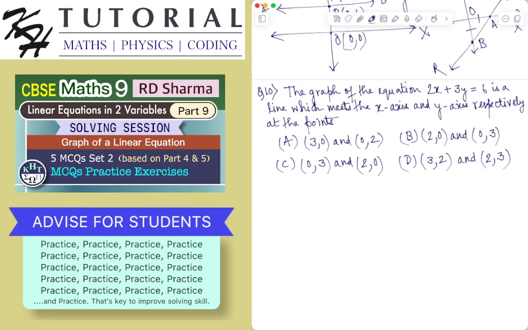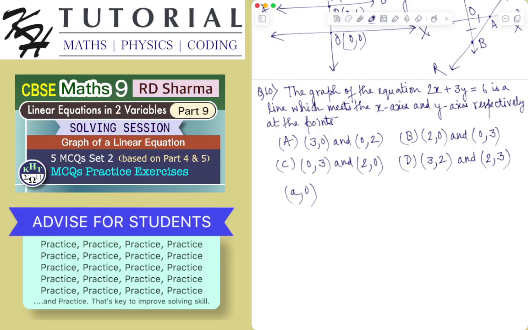The coordinate of the point where the graph of any equation intersects with the x-axis will always be of the form a, 0, because for any point on the x-axis, the ordinate or the y coordinate will always be 0.